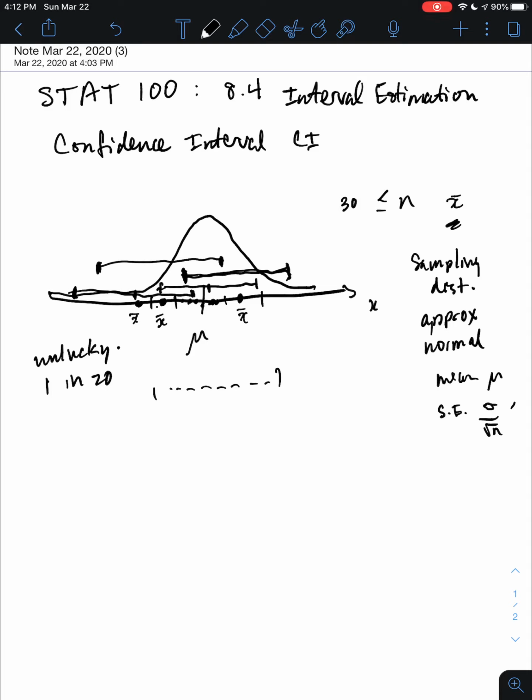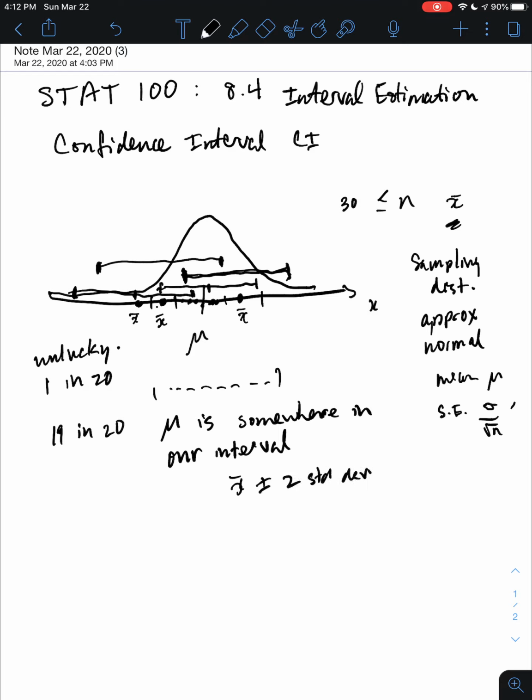So that means that we can say that 19 times in 20, mu is somewhere in our interval x bar plus or minus 2 standard deviations.